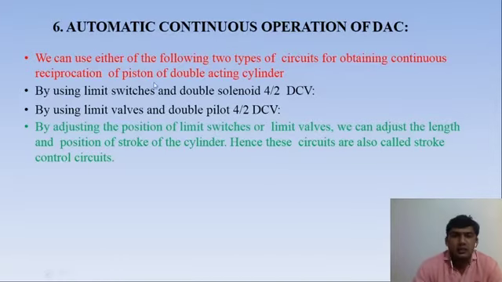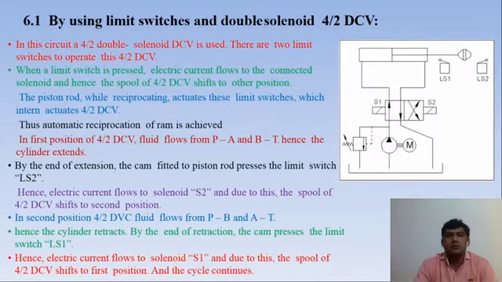So in a limit switch we will use the solenoid, while in a limit valve we will use a pilot 4 by 2 direction control valve. The first example of automation is by using a limit switch and a double solenoid 4 by 2 direction control valve. So here is the same diagram. It is like this: this is the 4 by 2 direction control valve.